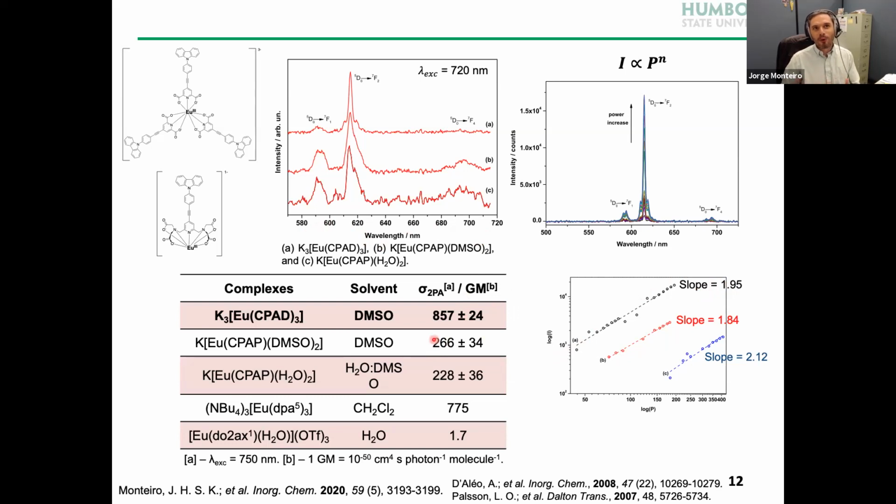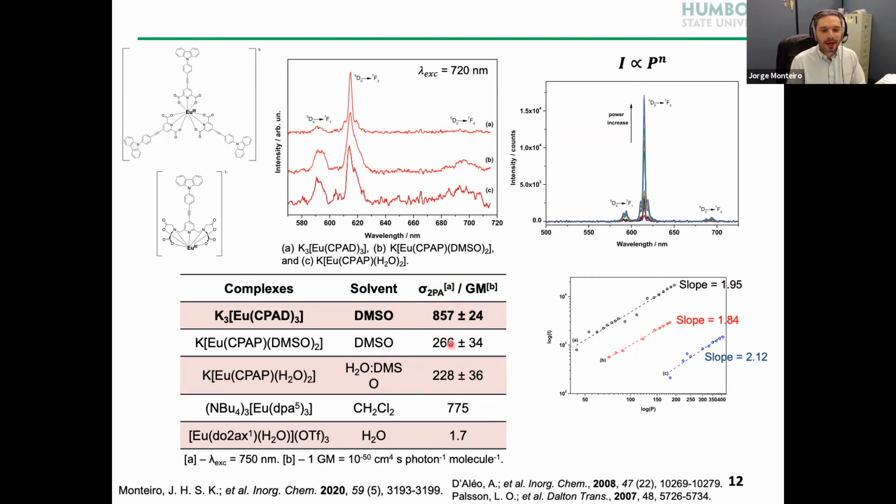When we have a 1-photon process, what we use to compare chromophores is the molar extinction coefficient. When we have a 2-photon process, we are going to basically use the same idea, using the 2-photon absorption cross section of the compound.